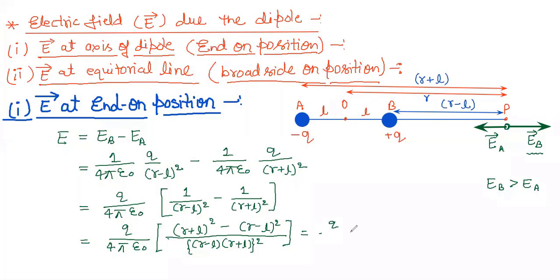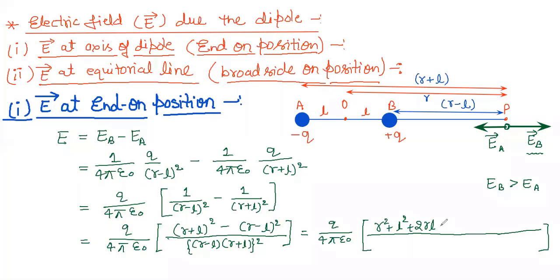When you open the bracket, we will open it according to the formula. Here will be R square plus L square plus 2RL. And since in front of the bracket there is a minus sign, everything will be opposite.